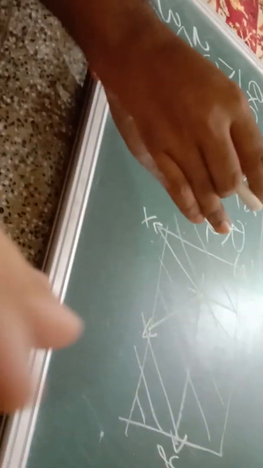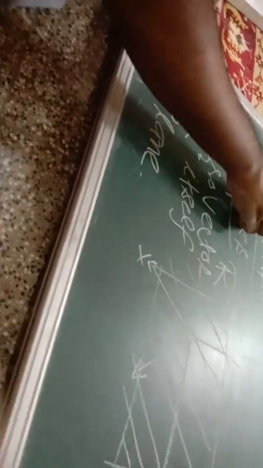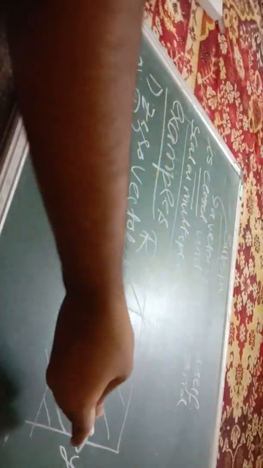But there's one problem. If the plane does not pass through the origin, then it will not be a subspace, because if you multiply by 0, you get 0, but that's not in the plane. If it's not passing through the origin, then it is not a subspace.